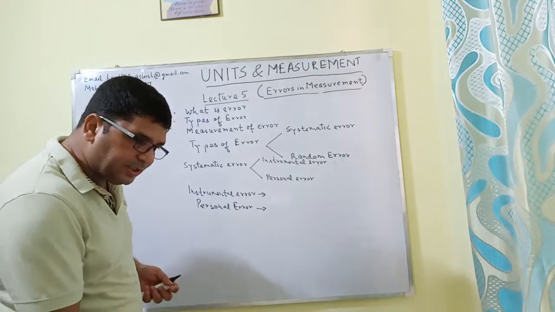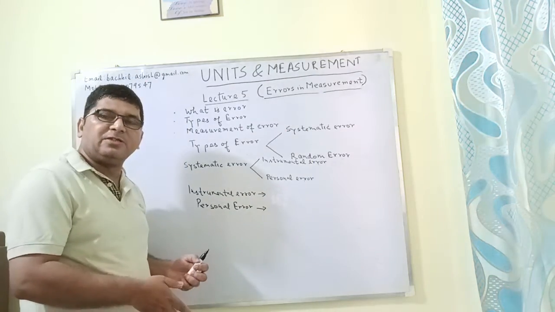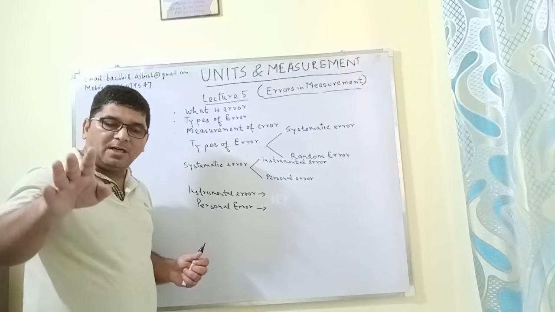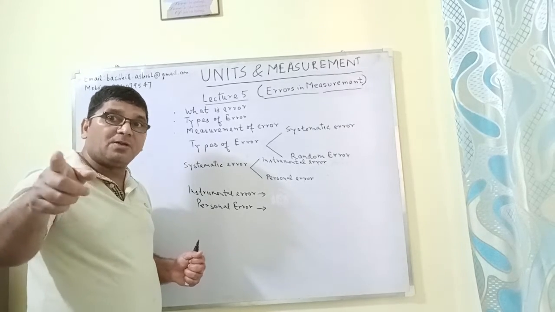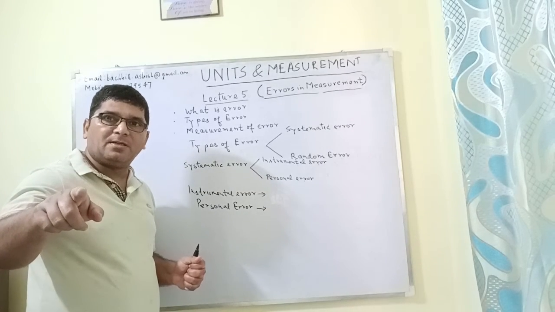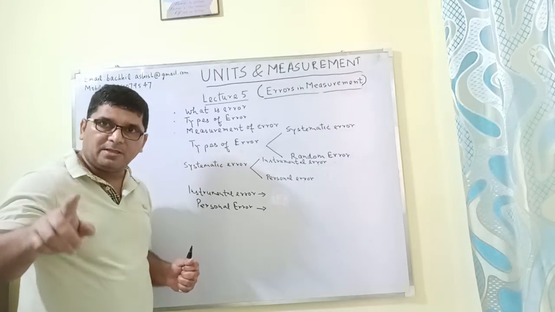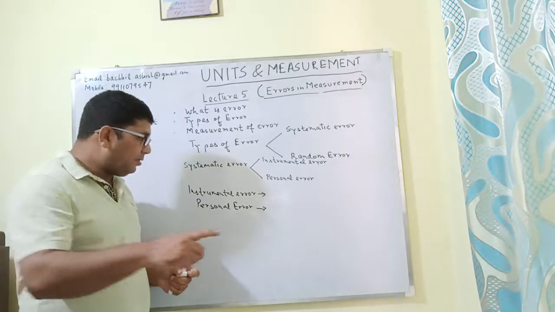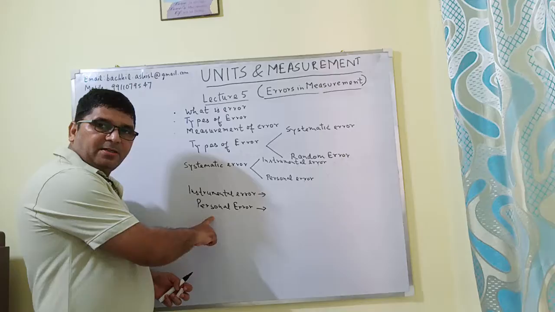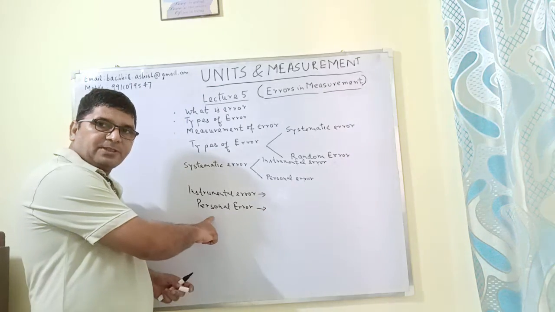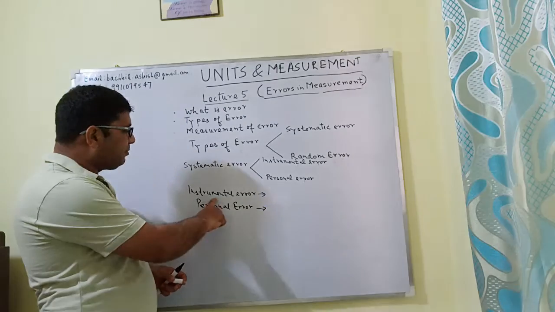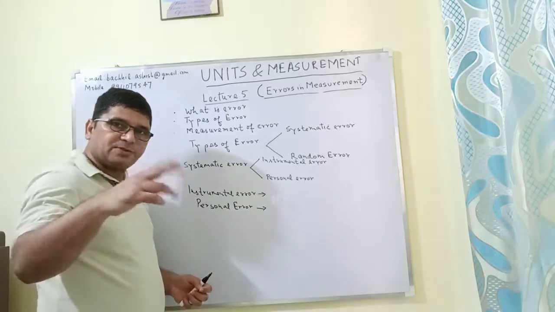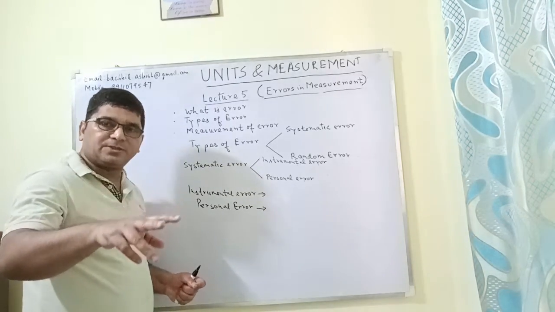When you see the reading in this way, definitely you will have a deviation because of the parallax effect. So personal error is because of the carelessness of the person taking the measurement. Instrumental error is because of the zero error and the calibration issue.